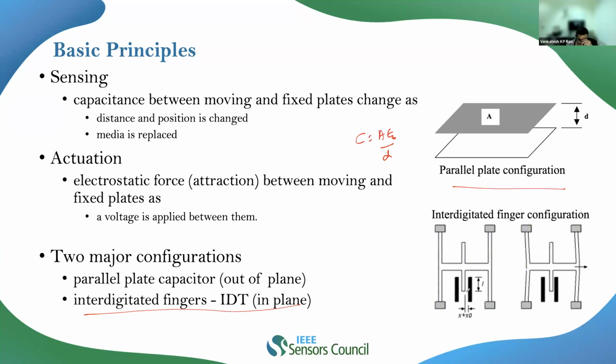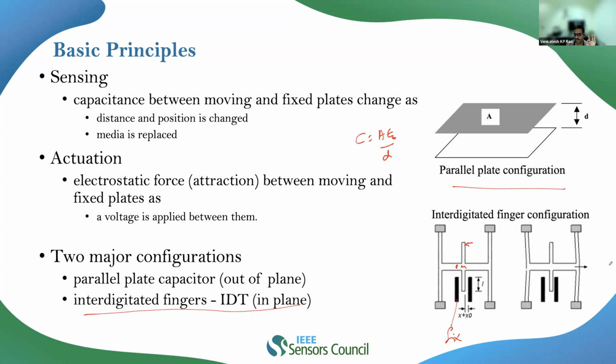In this case, we have a movable set of comb fingers which are attached onto these beams. This is my proof mass, and this is a movable set of comb fingers attached to the proof mass, and we have a fixed set of comb fingers which are attached onto the substrate.